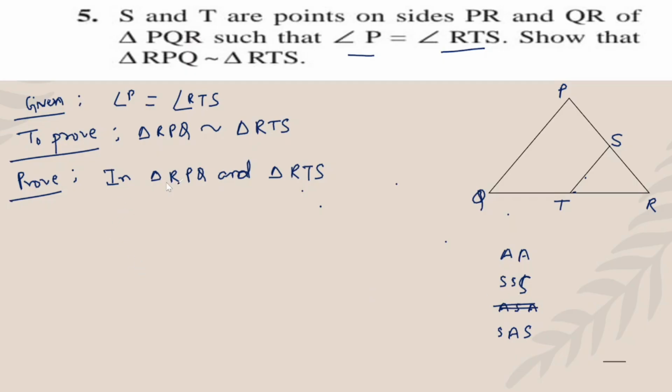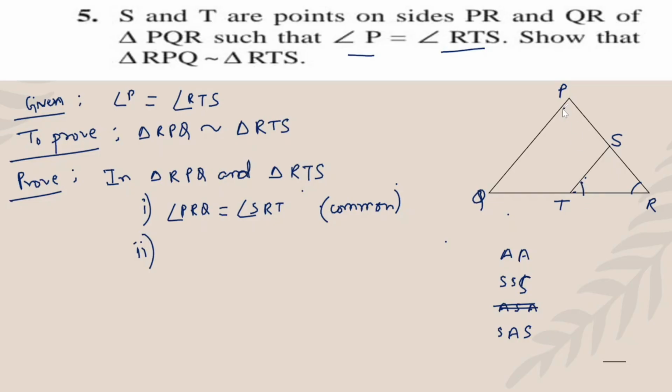Then you can say the two triangles are similar. So in triangle RPQ and RTS, angle R is common, so you can write angle PRQ equals angle SRT, because it is a common angle. Number two, given angle P equals angle RTS.